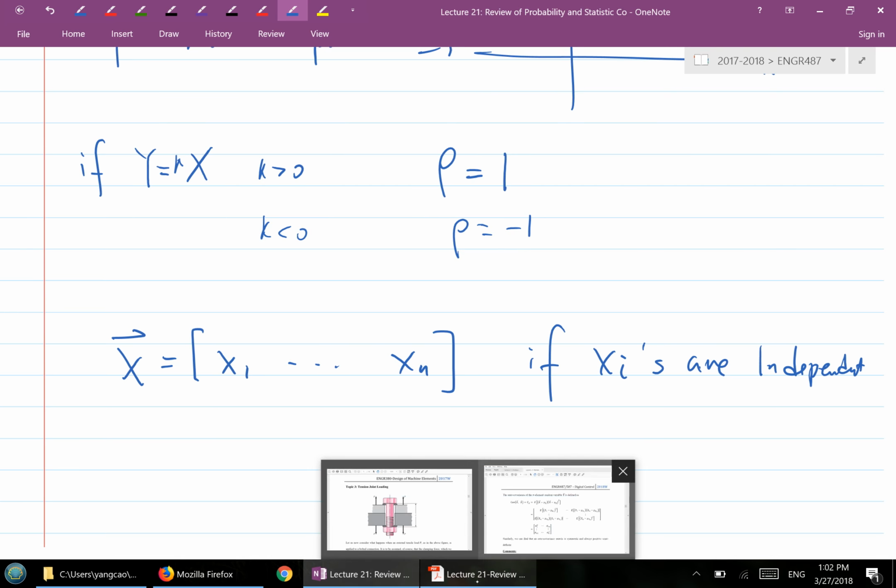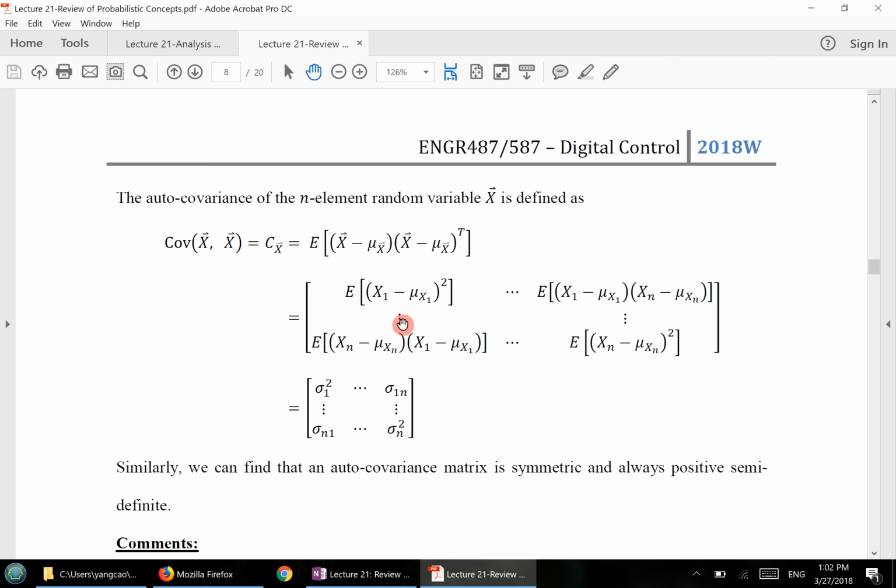If you look at this autocovariance matrix, especially the off-diagonal elements, they are all independent, so the off-diagonal elements are all going to be 0.